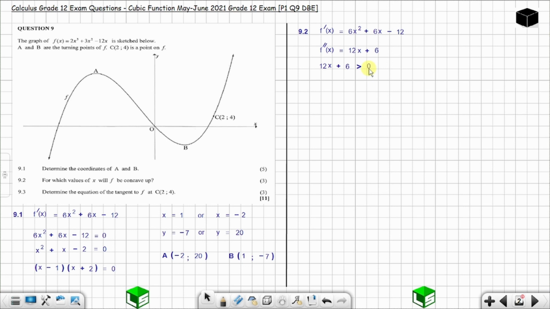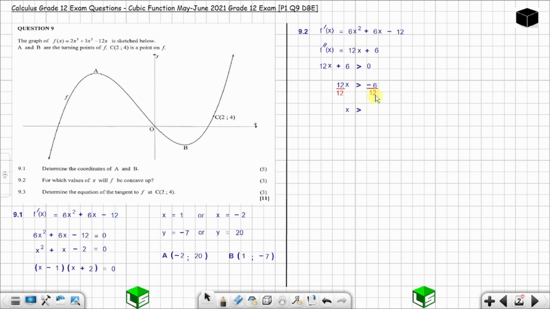Okay, so let's do that. You have 12x greater than, you take 6 to the right, it becomes negative 6. And then you need to solve for x. You are going to divide by 12 throughout. This gives you x. 12 divided by 12 is 1 times x, it's x greater than negative a half.